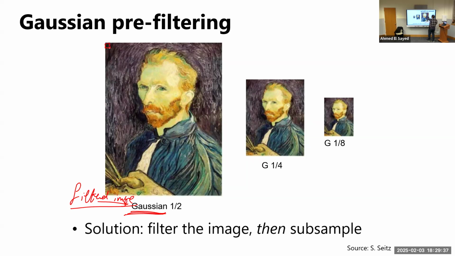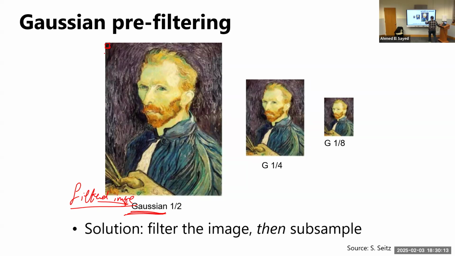Again, the pixel after the filter will include information about its neighbors. So this way, I will guarantee that the pixel value will be a sample, a good representation of its neighbors. Then if I want to reduce it more, I have to apply a Gaussian filter to this as well, then sample again. Then apply a Gaussian filter here and sample again, and we can do this again and again.